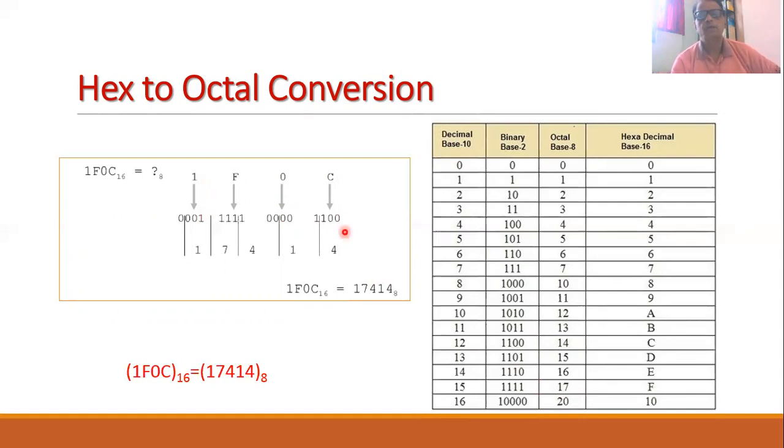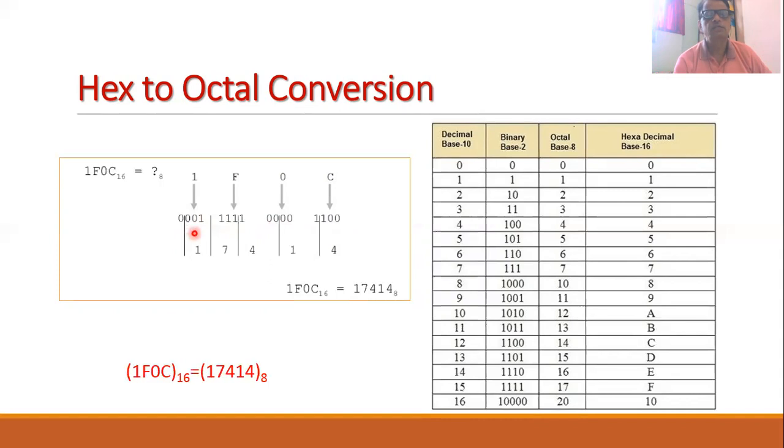Now this number doesn't contain any fractional part, and therefore we have to start from the right hand side to the left hand side. Therefore I will make groups of 3 binary bits. So the first group will be 100, second group will be 001, third group will be 100, fourth group will be 111, and next group will be 001. And only one bit 0 is left, that can be left as it is.